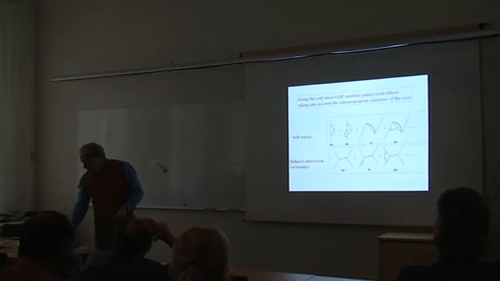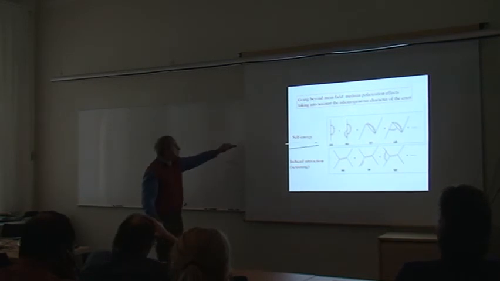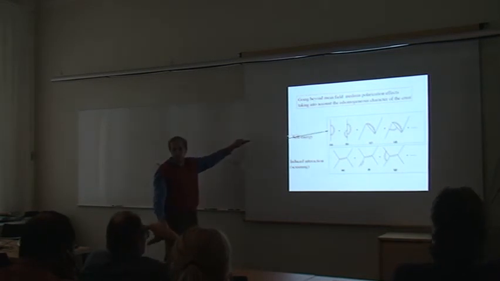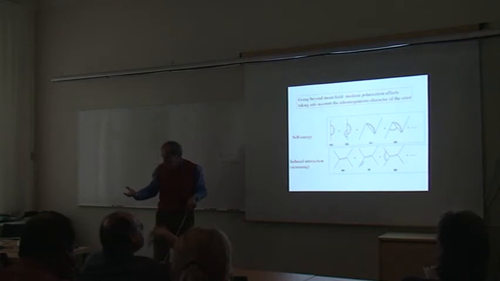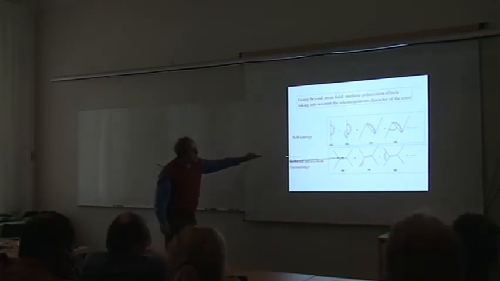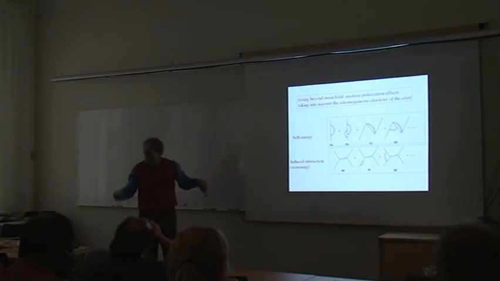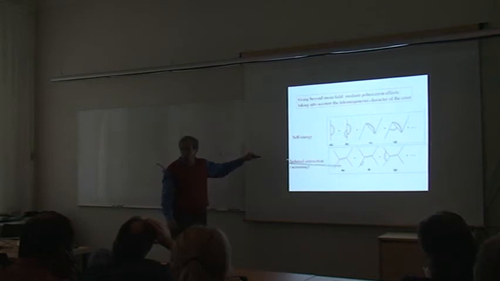So going beyond mean field, one simple way to do it is to say that the basic thing is that you have to dress your quasi-particle with vibrations, essentially mostly with collective states of the system, and you have self-energy effects and the exchange of these phonons between your neutrons in this case.